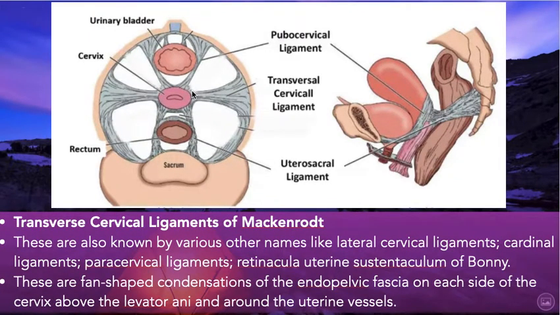The transverse cervical ligament of Mackenrodt, this is it. They have other names as well, called the lateral cervical ligament, the cardinal ligament, paracervical ligaments, retinacular uterine substanticulum of Bonney. They are fan-shaped condensations of the endopelvic fascia on each side of the cervix, above the levator ani and around the uterine vessels.